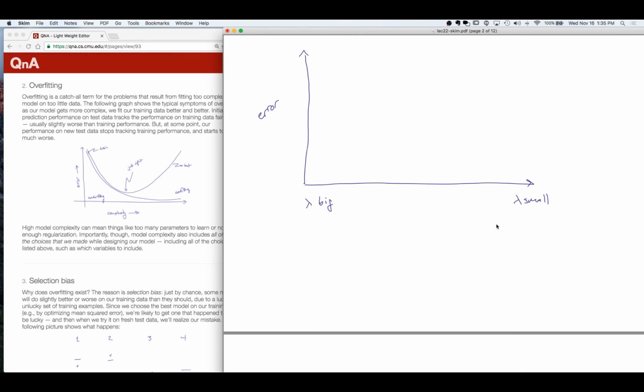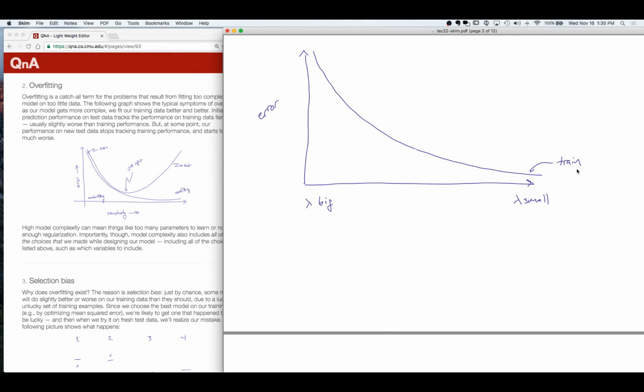Now, if you look at your error on your training set, it's going to go like this as you increase complexity, because by definition, when you increase complexity, you're better able to fit your training data. So here, lambda big is actually pulling you away from your training data. Lambda small is letting you fit it closer. So this is going to be on the training set.